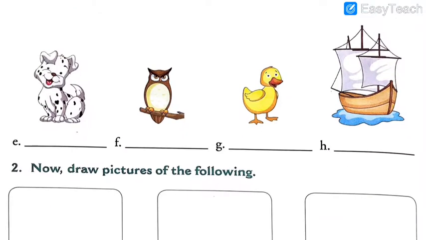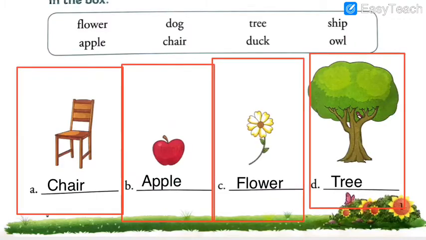Here, 4 more photos are given. Let us try to solve it too. Oh, can you see what is this? Options are here in this box. Flower is gone, apple is gone, chair is gone and tree is gone. Oh, let's see, here this option is left.